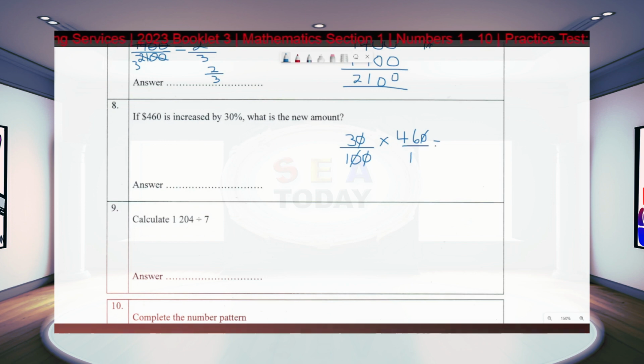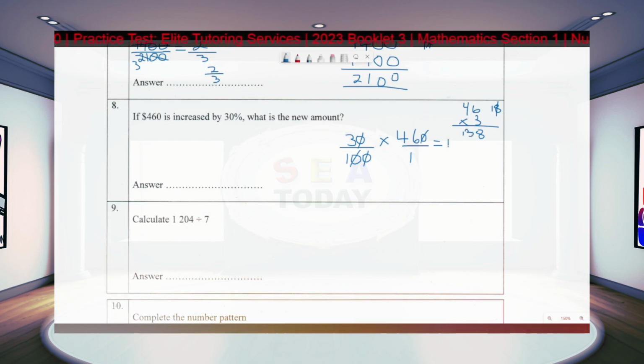Nothing else could reduce or cross off, so we have 3 multiplied by 46, which we can do easily right here. 46 multiplied by 3, 6 3s are 18. 3 4s are 12 plus 1 is 13.